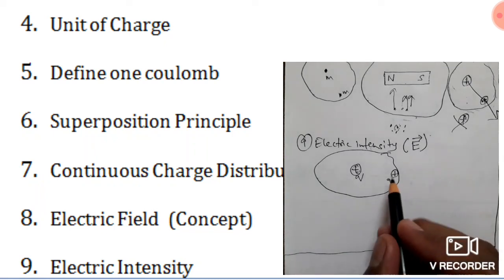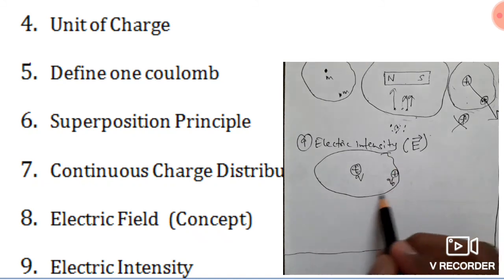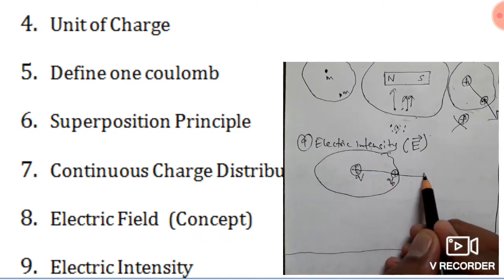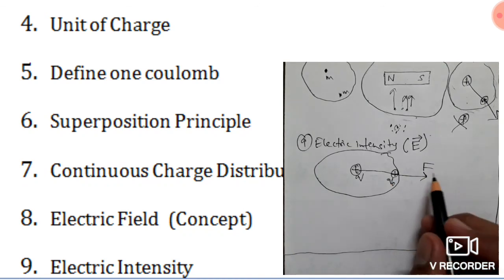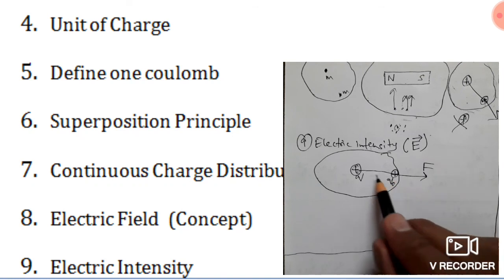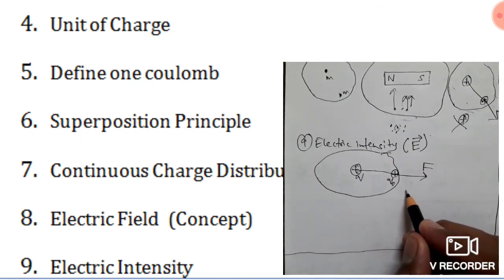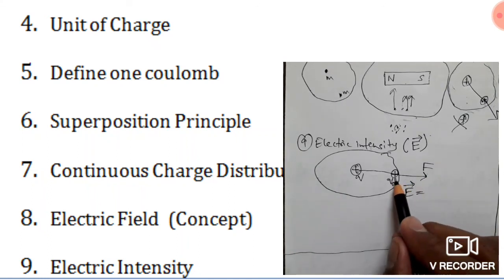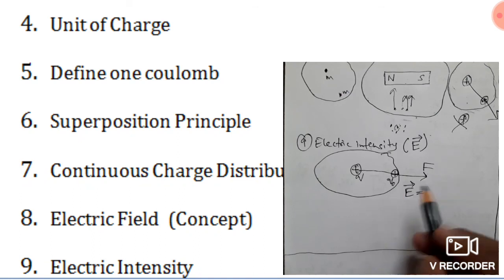If we bring a test charge Q naught in the electric field of the source charge, it will experience a repulsive force. So what is electric intensity? Electric intensity E is equal to the force experienced by this charge Q naught, force experienced per unit charge.